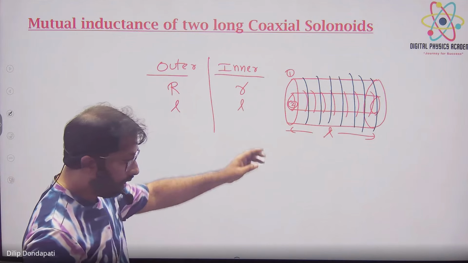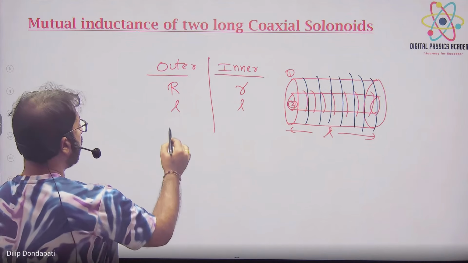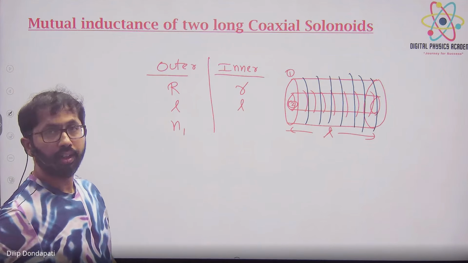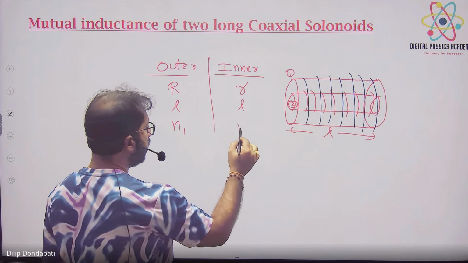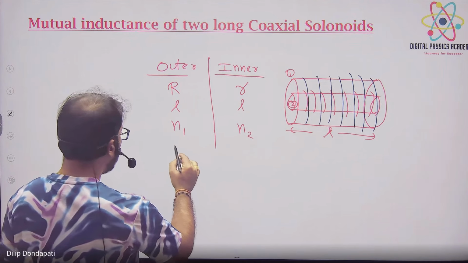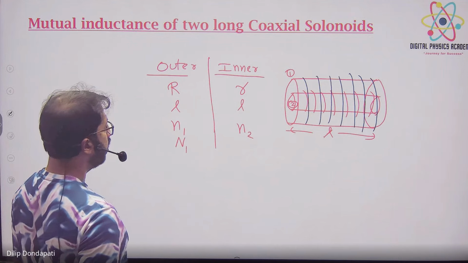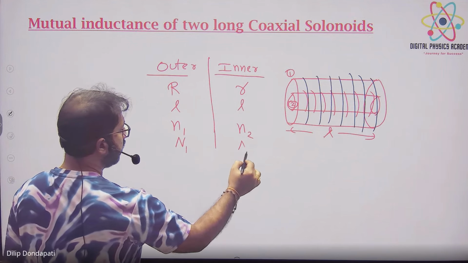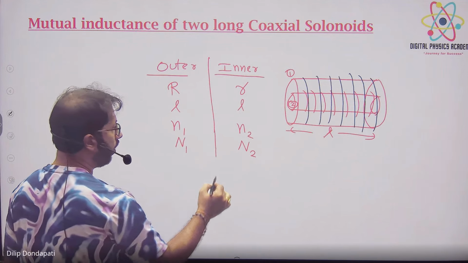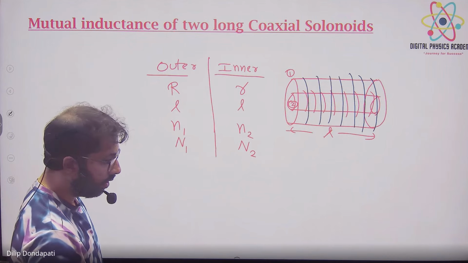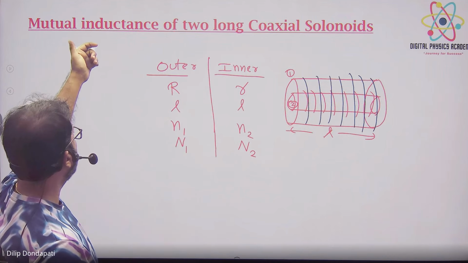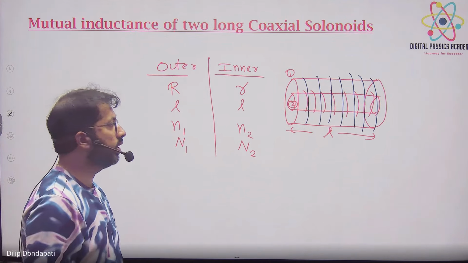In the outer coil the number of turns per unit length is n1, and in the inner coil the number of turns per unit length is n2. The number of turns in the outer coil is N1, and the number of turns in the secondary coil is N2. Our interest is to calculate the mutual inductance of two coaxial solenoids.